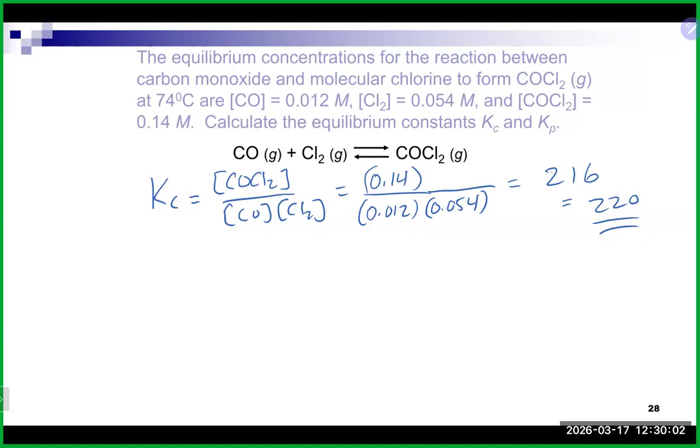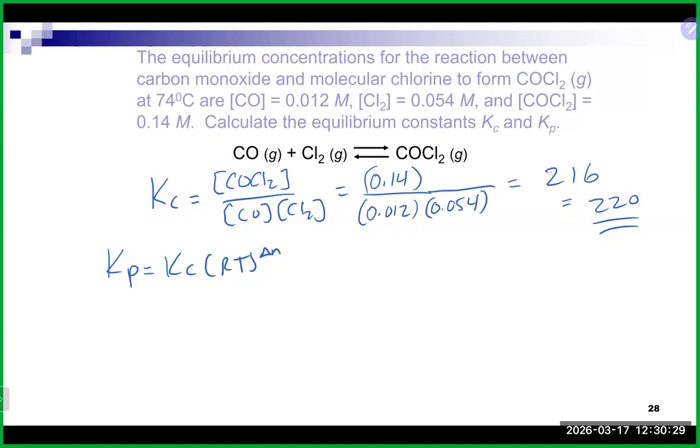Now that we have the Kc value and we also want the Kp value, we can use that formula that we saw earlier to convert between them. With the information given in this problem, we have no direct way to get to Kp, so we use the equilibrium to get to Kc, and now we can relate it to our Kp value.